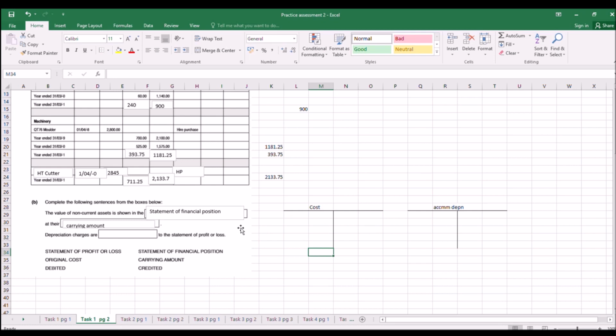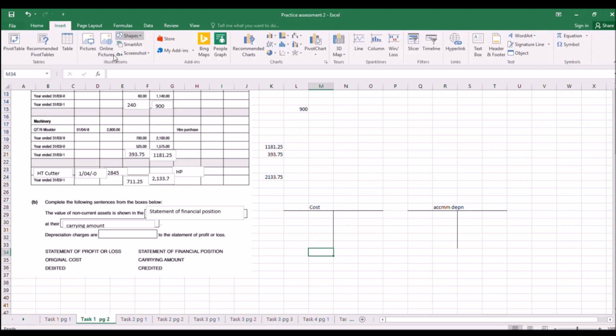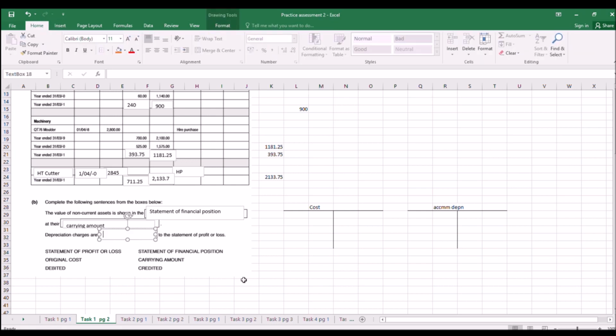In the statement of financial position, when we stick them together and we show them, then it would be a carrying amount. And depreciation charges are debited because they're an expense. And that is a reduction in the value to shareholders, the liability to shareholders, and therefore that would be a debit. If I can find B on my computer, there we go, debited.